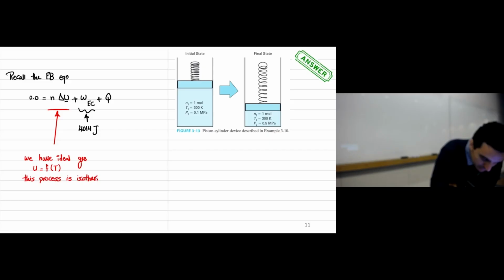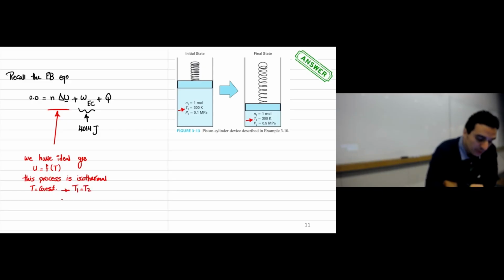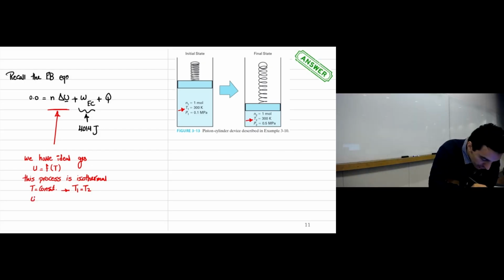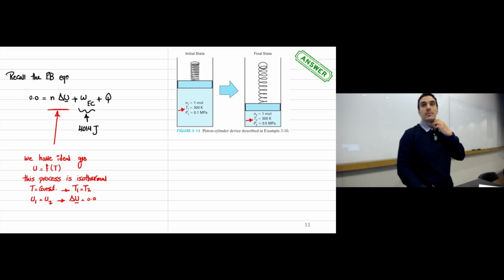He mentioned this in the problem itself. We have isothermal compression. Isothermal compression means temperature is constant. Or as you can see from this figure, T1 is 300 Kelvin, T2 is 300 Kelvin. So T1 equals T2. So the internal energy at initial condition equals internal energy at final condition, which indicates that any change we have in the internal energy will equal 0.